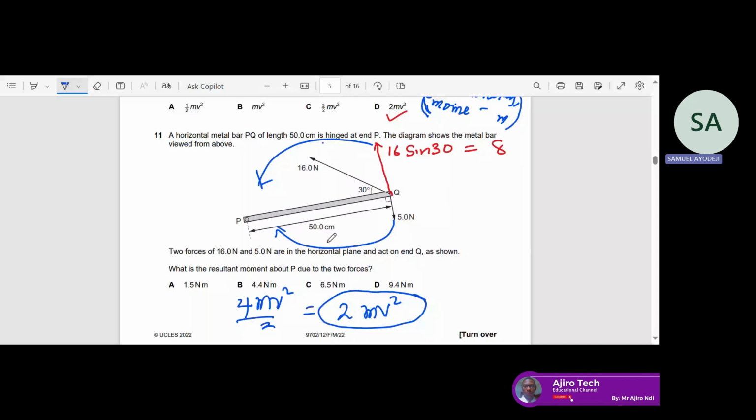So we have to calculate the clockwise separately, and this one separately. The moment of this will give you 8 times the distance 50. The moment of this one will give you 5 times 50 as well. Subtract the two, that will give you the resultant moment. So that's what I did, but I didn't get the answer.